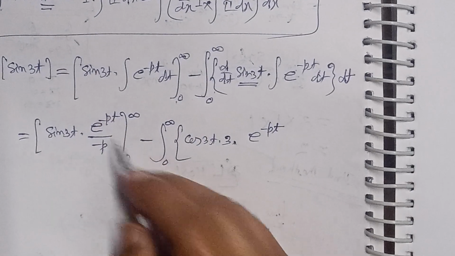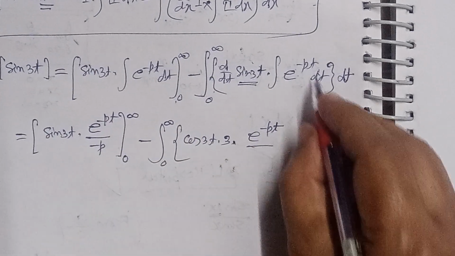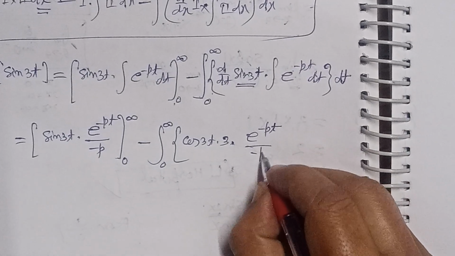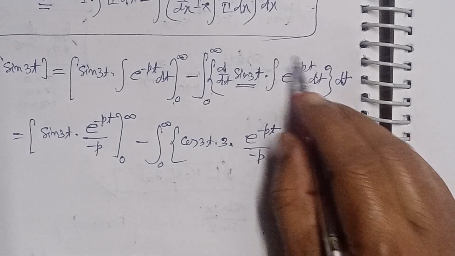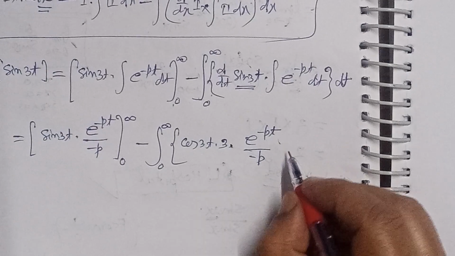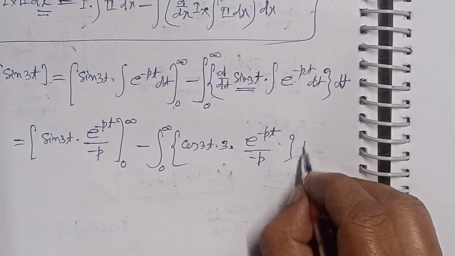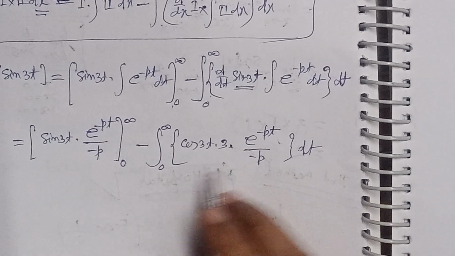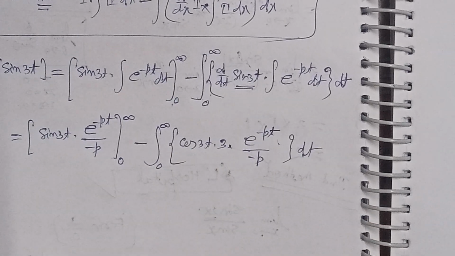I apply this formula here and here. So we divide by the coefficient of t which is minus p, and we get the integration of this function, and now integrate the whole value with respect to t from 0 to infinity.